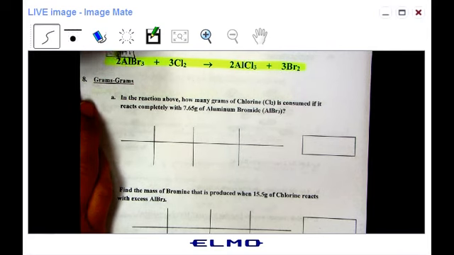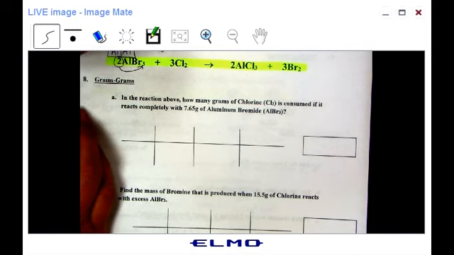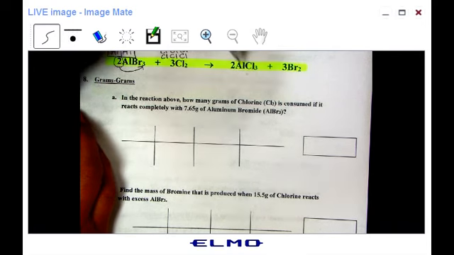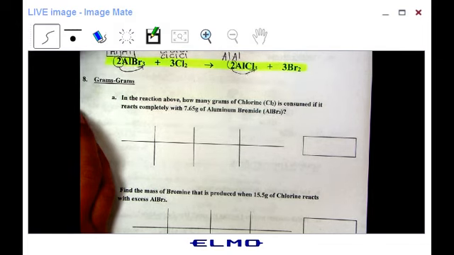Well, actually, this 2 gets multiplied by that, so I have 6 Brs. And I have 6 Cls. Over here I have 2 Als, 6 Cls, and 6 Brs.